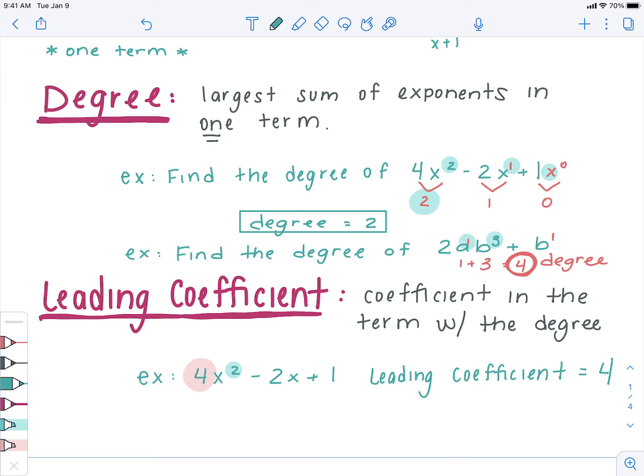In our second example, where we had 2ab cubed plus b, we knew our degree came from a and b cubed because it added up to be 4. So that means our leading coefficient is going to be the number in front of those variables. So it's just going to be the 2 here. So leading coefficient is just a really big fancy word for pick out the number in front of the variables with the biggest exponent.